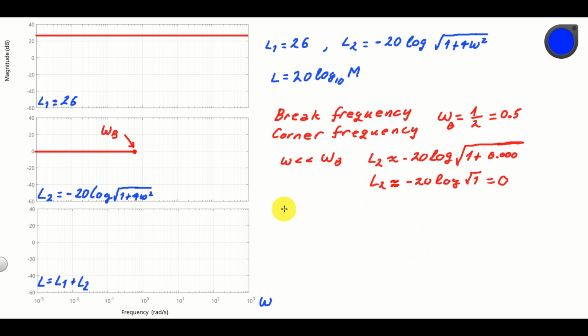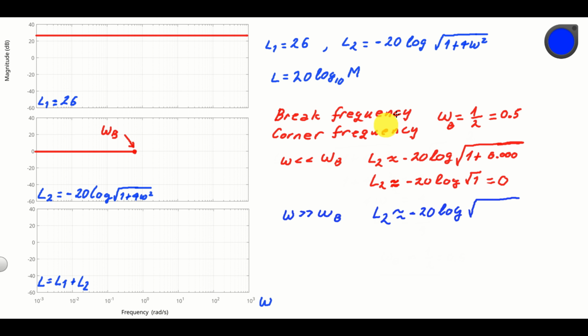On the other hand, when ω is much larger than ωB, we have this approximation. L2 can be approximated as minus 20 log, and let's see what do we have over here.